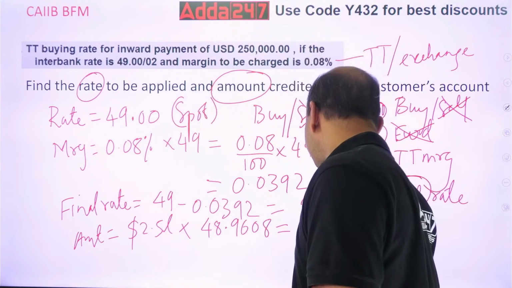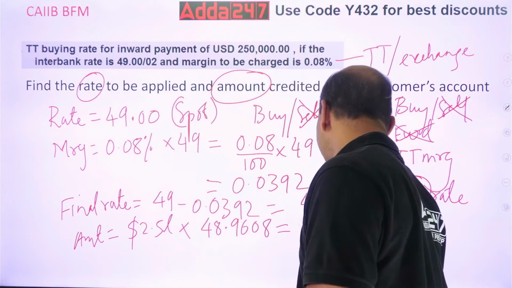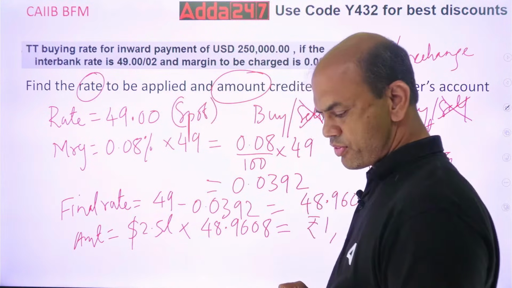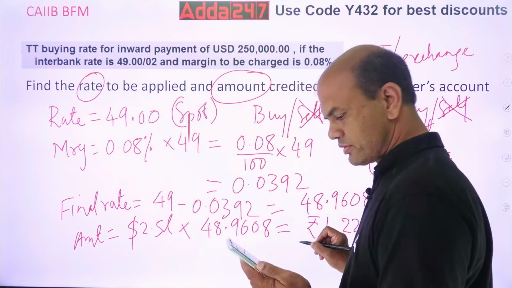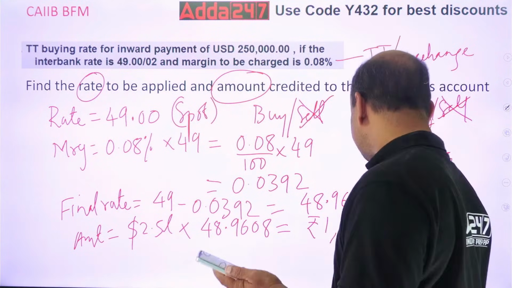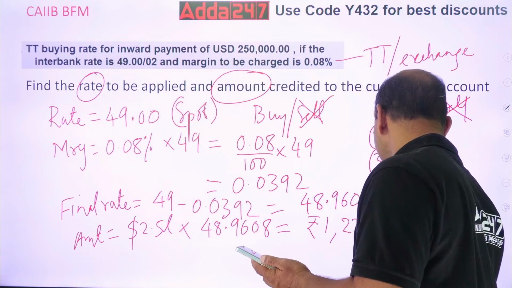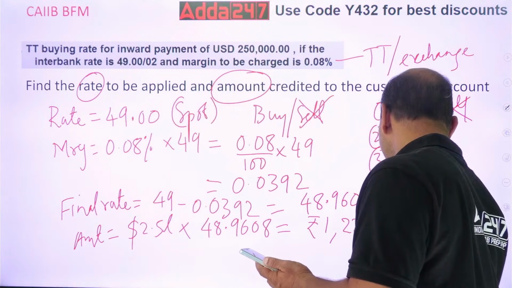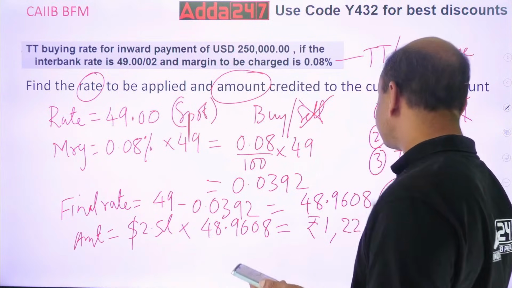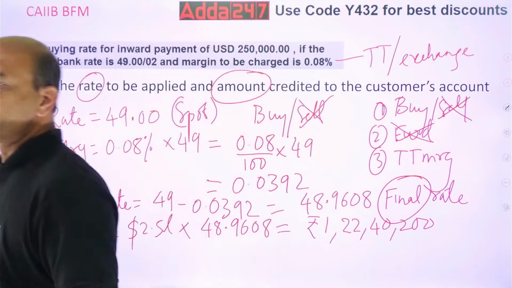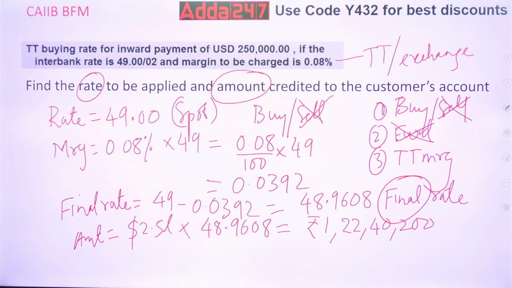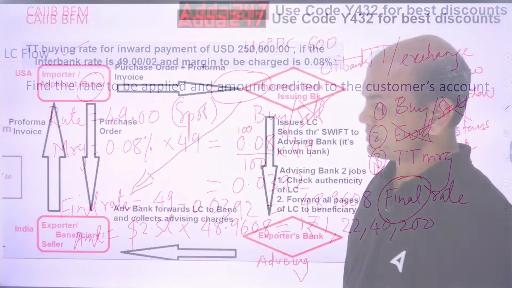Rupees 1 crore 22 lakhs 40,200. This much is the amount to be credited in the account of that customer.